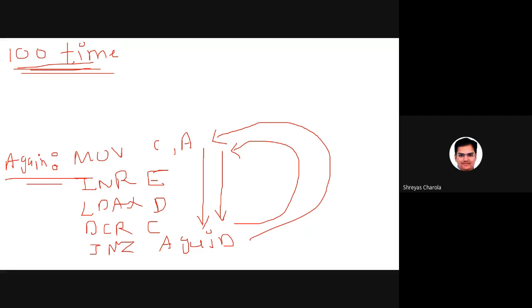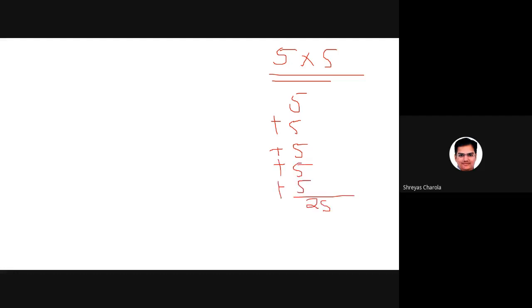Now based on this, if I ask you to write a program for 5 cross 5, there is no instruction related to multiplication, correct, Anand? So what you will do is add 5 times. You need to set the value of a counter, doing addition only, but adding 5 times, you'll get the answer 25. Write the program using branching only to multiply 5 cross 5.